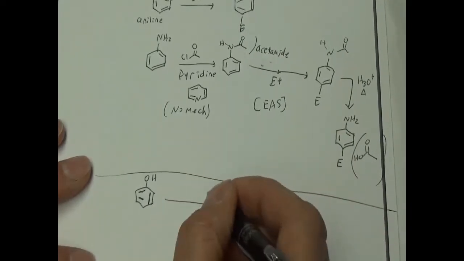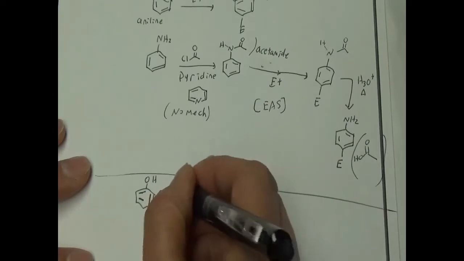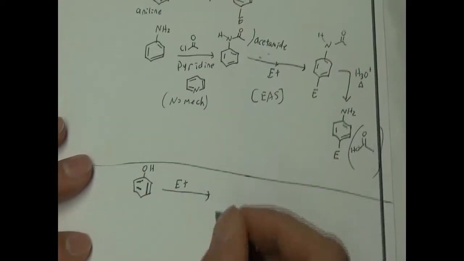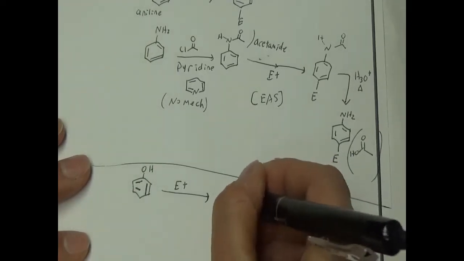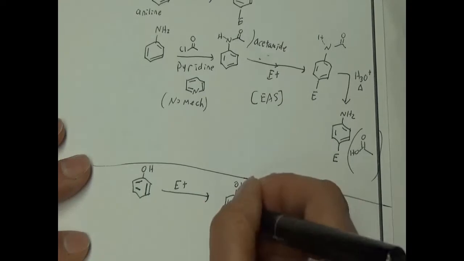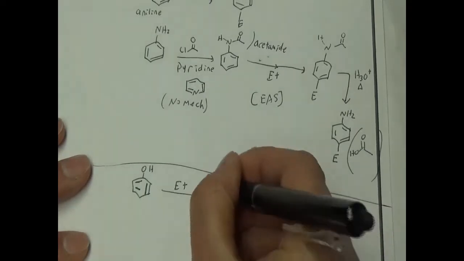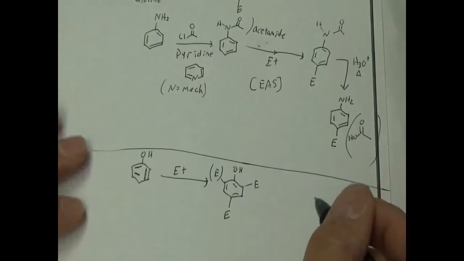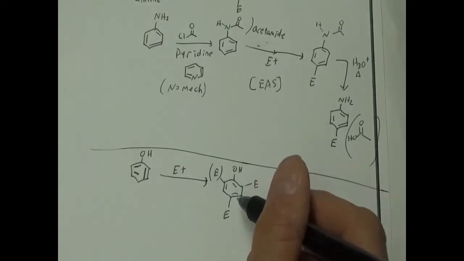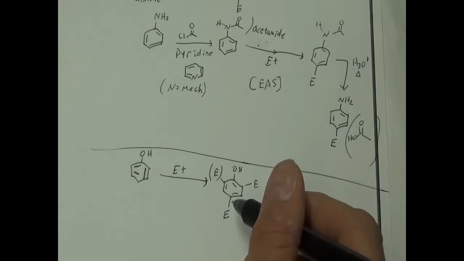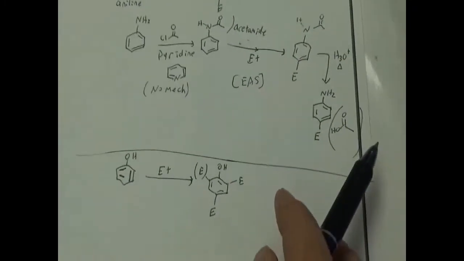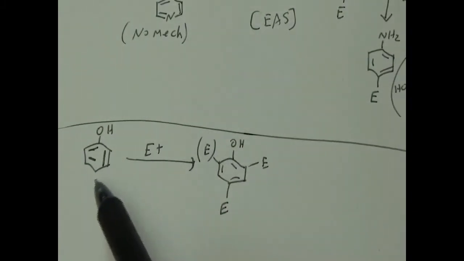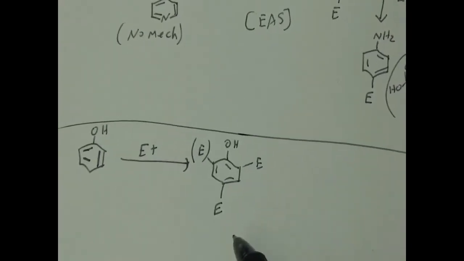Well, it does the same thing, and it's overly active, and so it'll typically add at least 2 electrophiles, if not 3. So I'll put one of them in parentheses because it's not always going to add 3. It kind of depends on what the electrophile is. Okay, so same kind of problem, right? Same kind of problem where we have an overly active substituent and we get over-incorporation of electrophiles.